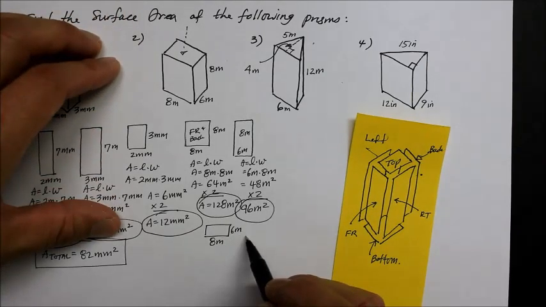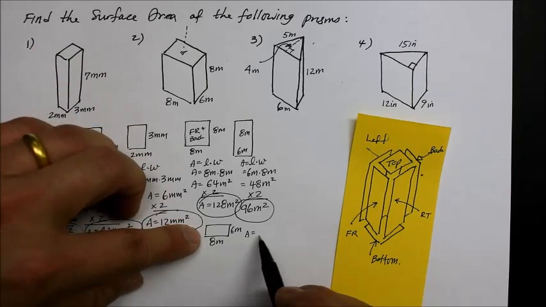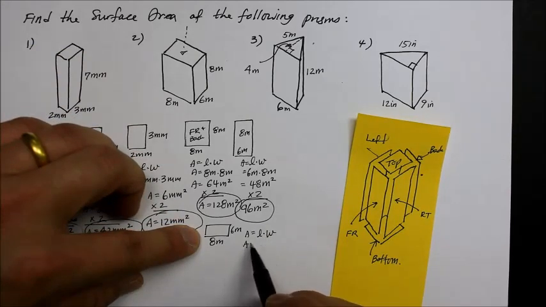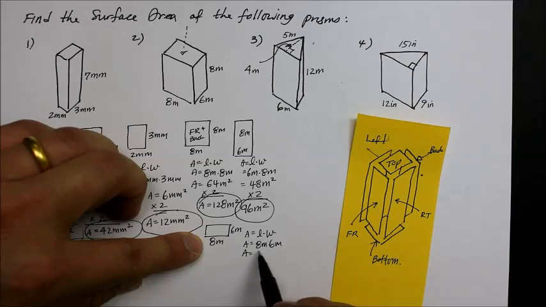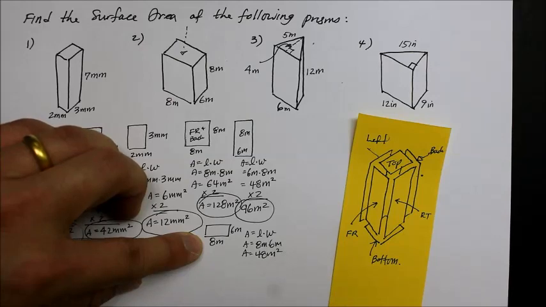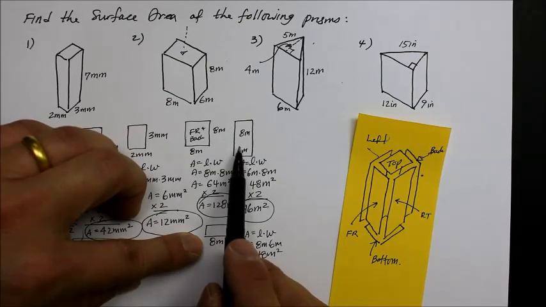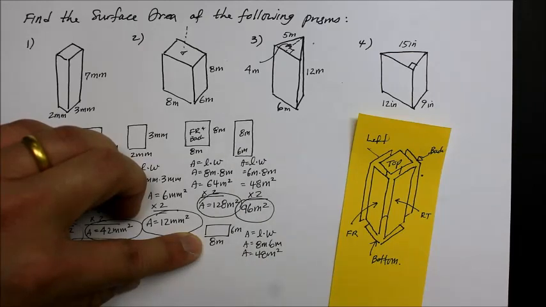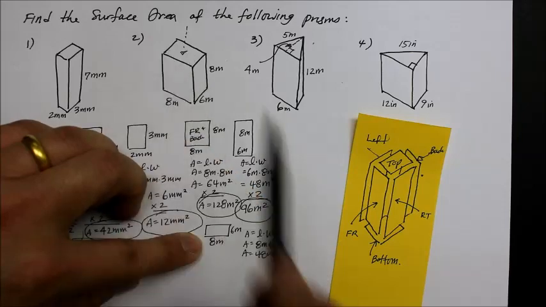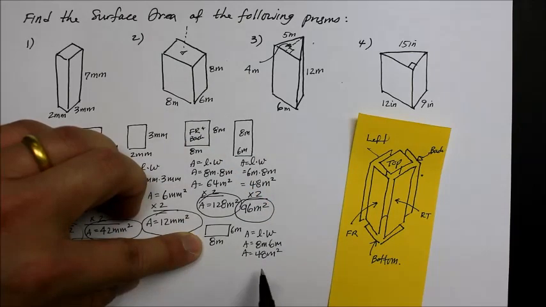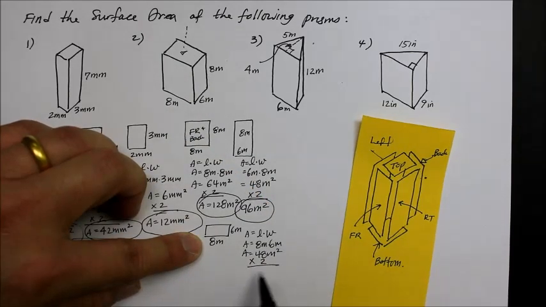So the area for the top is length times width, 8 meters times 6 meters. 8 times 6 is 48 square meters. Hey, that's just like this one over here. That's kind of cool. Wait a minute, does that mean the sides were all the same? No, I could have saved some time. Anyway, times 2 to finish it up, so the area equals 96 square meters.